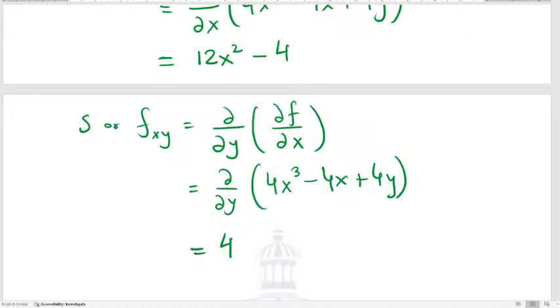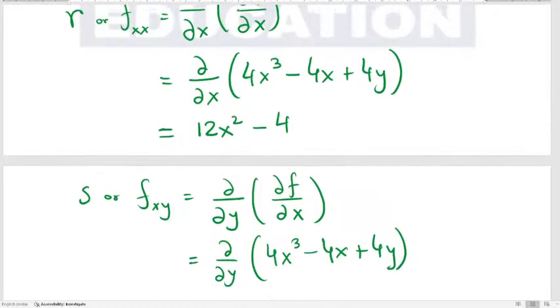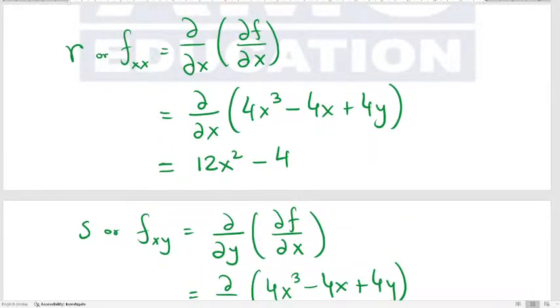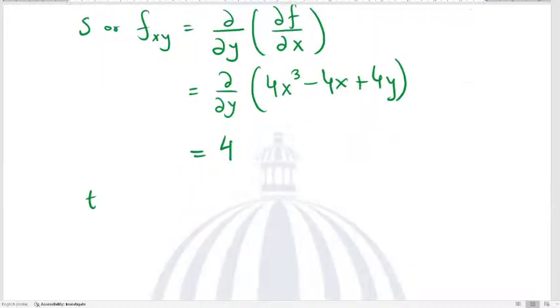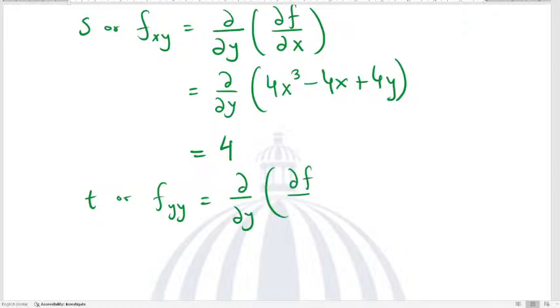I'll pause here for a second. What we are doing is taking the second derivatives. I'm not explicitly writing down the expressions like I've done in the first derivatives, but I think it's easy enough to convince yourself. T is the expression. T or Fyy is equal to dou by dou y of dou f by dou y.